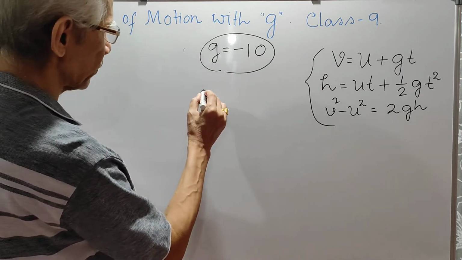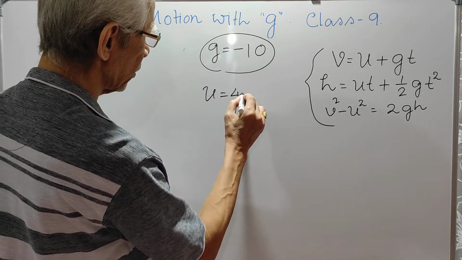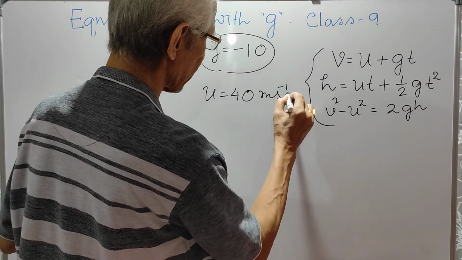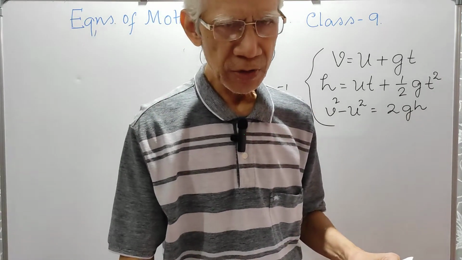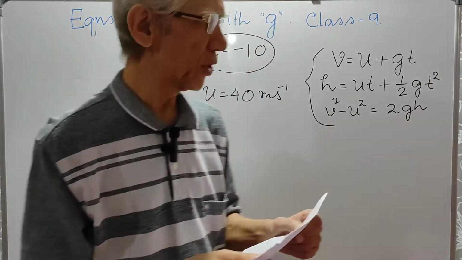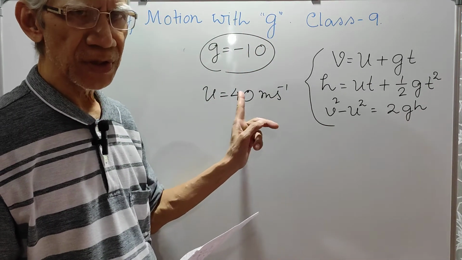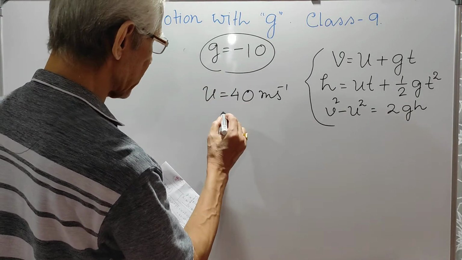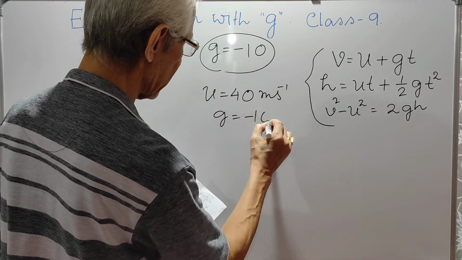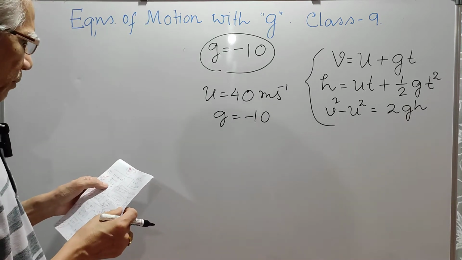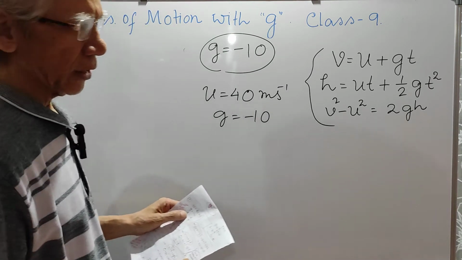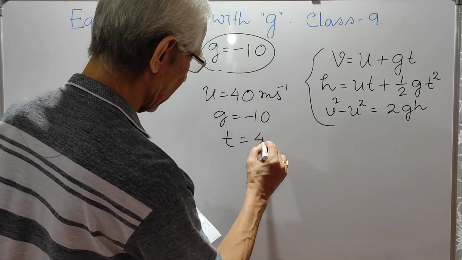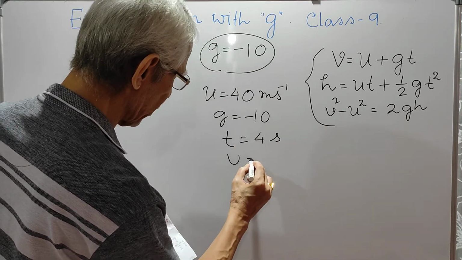So that is u equal to 40 meter per second, the initial velocity. Now g equal to minus 10, obviously. Then the question is, after 4 seconds, what will be its velocity?